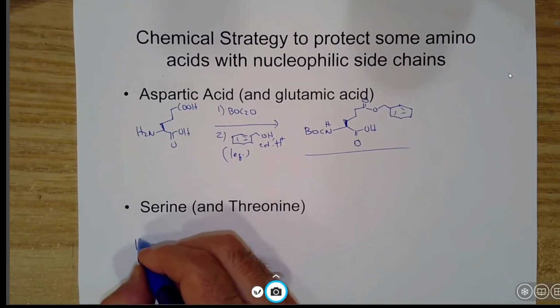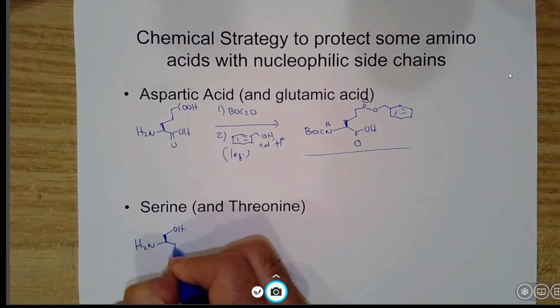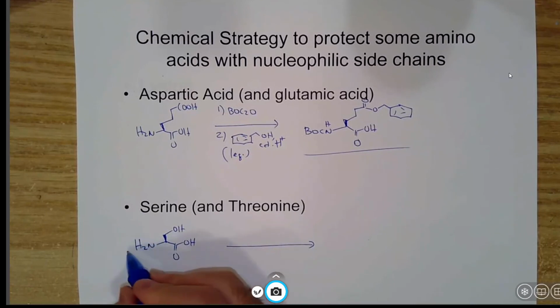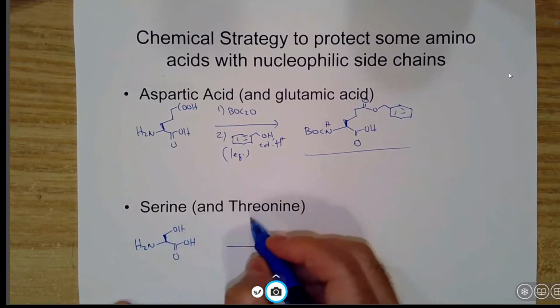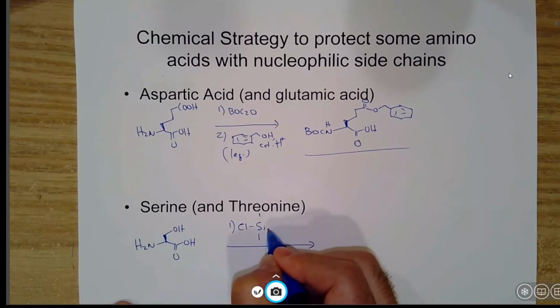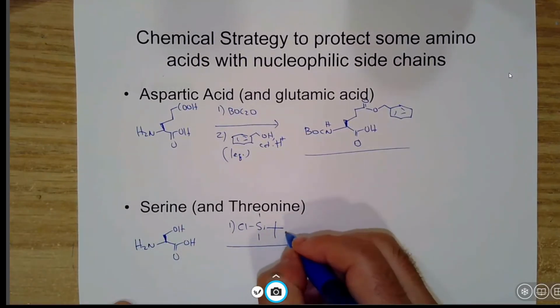Serine and threonine, what do these look like? These have side chains with an alcohol group, and so we need to protect the nitrogen. We also need to protect this alcohol here. A good way to do that is to use a silyl protecting group. Silicon loves oxygen or electronegative substituents.